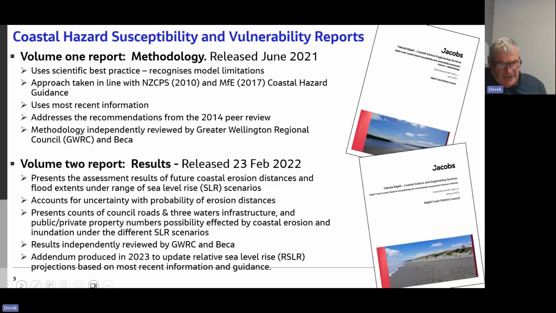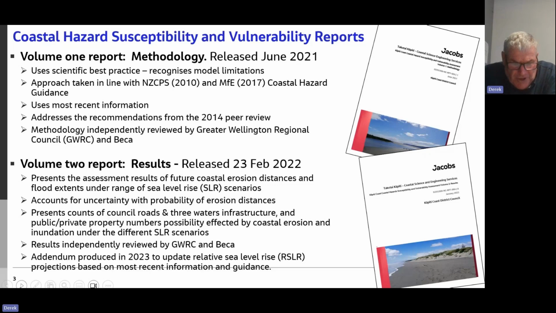So the coastal hazard susceptibility and vulnerability reports, there have been 2 of them that we've produced from Jacobs. The first one outlined the methodology for the hazard assessment, which was released in June of 2021. It uses the best science information that's available and the best practice to put it together into assessing coastal erosion and coastal inundation.